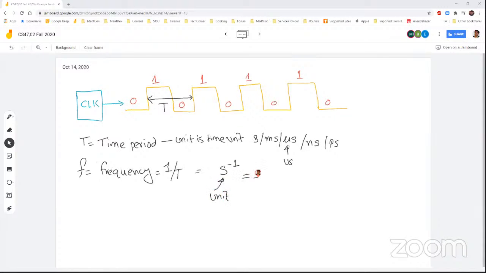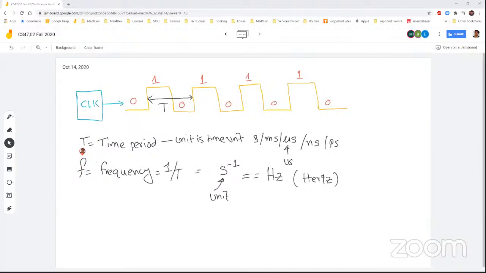I think most of you went through a physics class about frequency units and stuff like that. This is nothing but hertz. That's what we call the frequency unit. So if we know the time period, then we know the frequency.